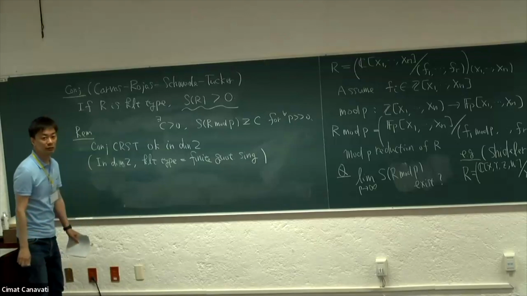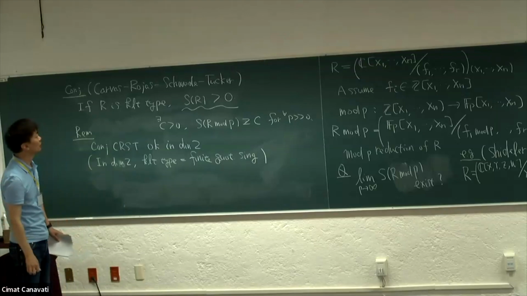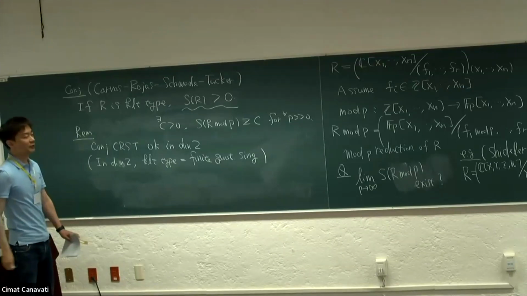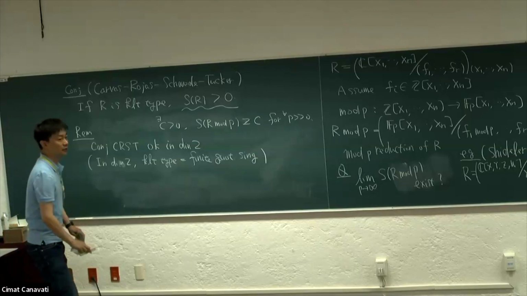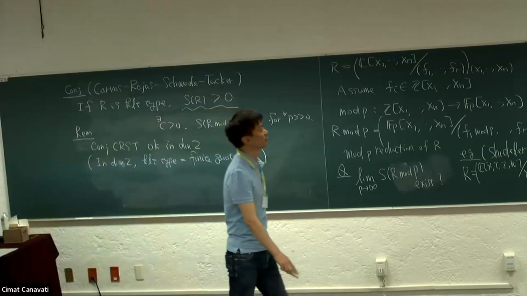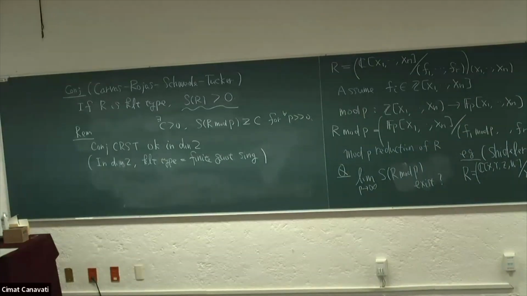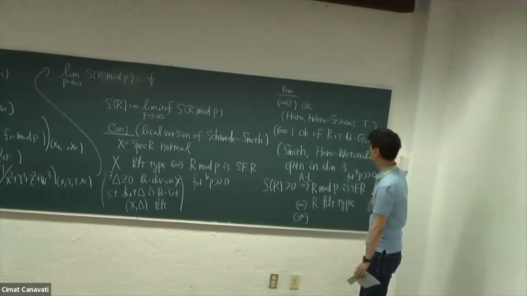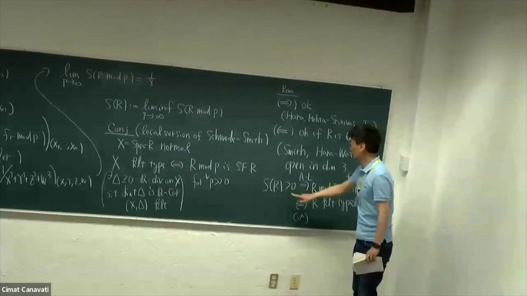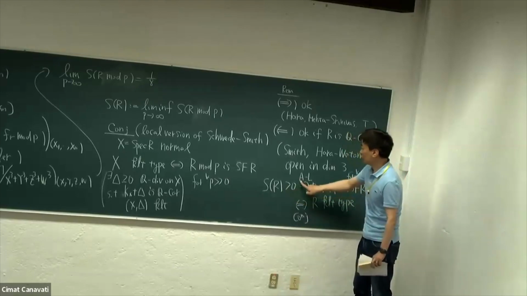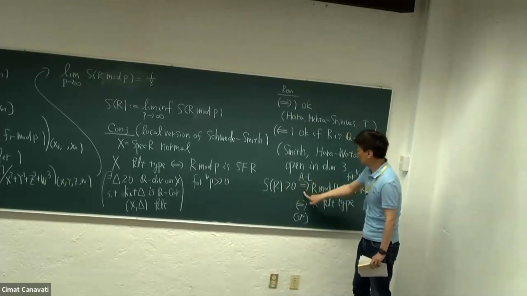Shunsuke, can I ask a question just to clarify my understanding? The point is maybe the F-signatures are all positive mod p, but they're converging to 0. Yeah, so the limit may be 0, so that is a problem. But how about the case when R is Gorenstein, when you actually know the implications? Do you know the opposite direction in that case? No. Our result implies only this implication.